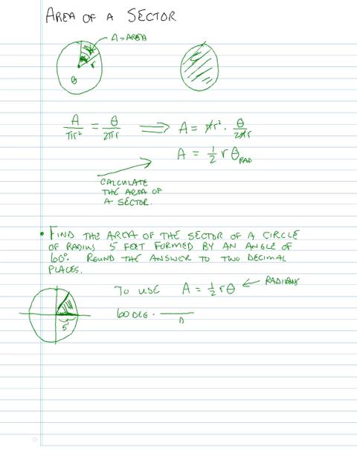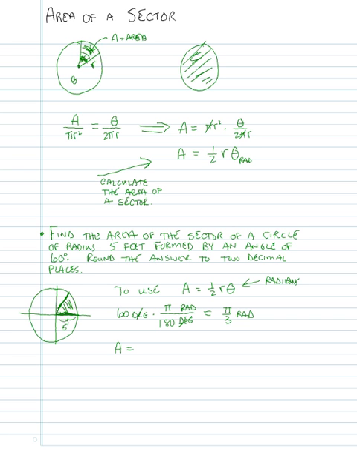So we need a conversion factor. Then that means we've got to have degrees down here, 180 degrees, and pi radians are the same. And we see, of course, 60 over 180 is 1 over 3, so this is pi over 3 radians.